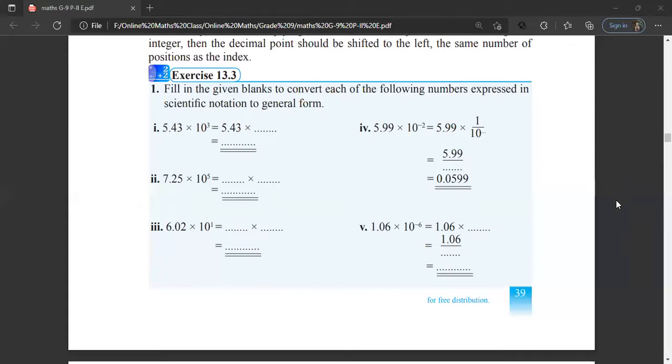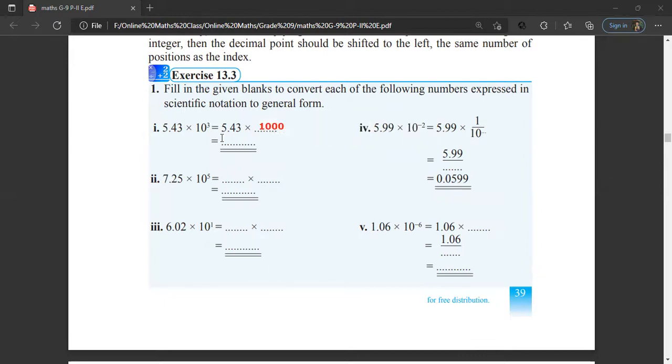So what do you want to do here? You have to write the number. 10 to the power 3 means just the number 1000. You have to write 1000 here, right?